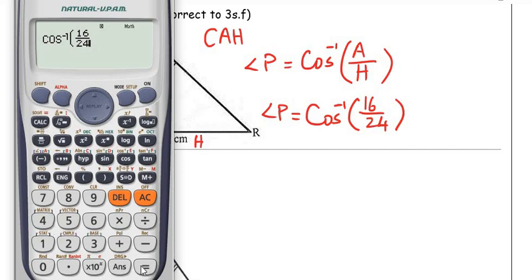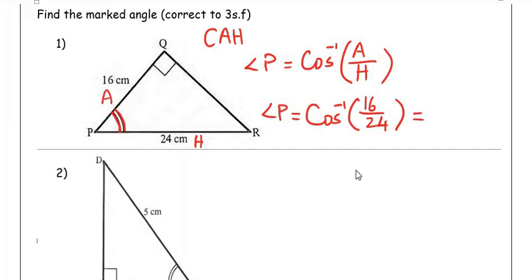Press equals, and it will give you the answer, that is 48 point 2. Why? Because I cannot write 1, the next digit is more than 4, so 1 will be added here. Because it says 5 or more, add 1 more, so it will be 48.2 degrees. Let's write it over here.